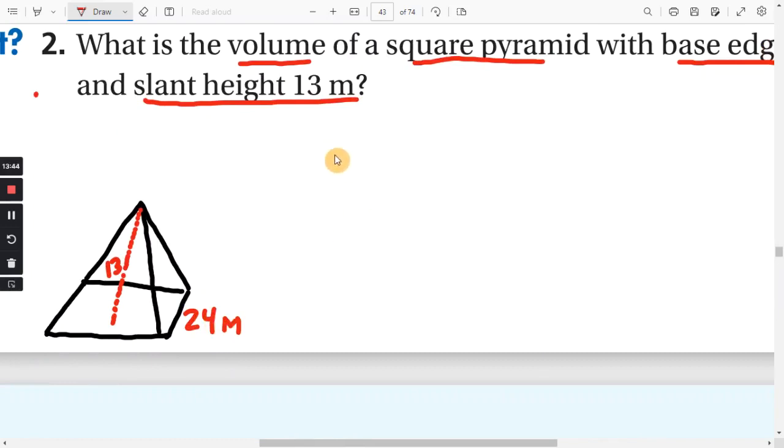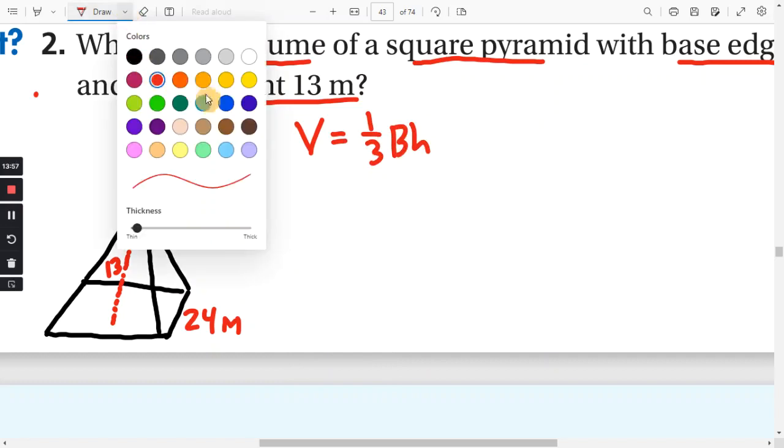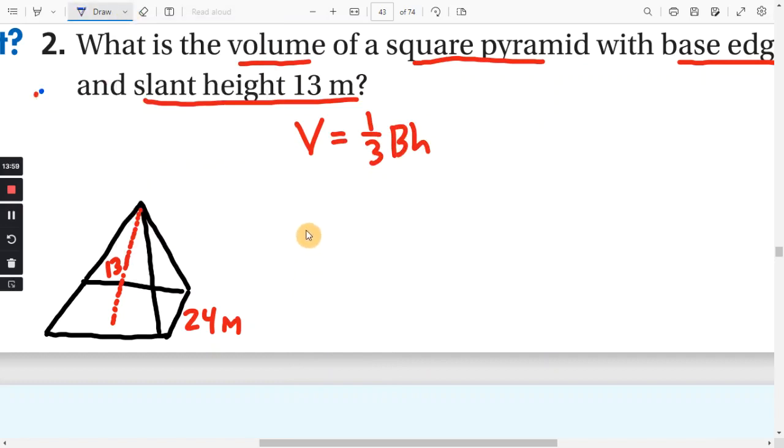Okay, so you have to use the Pythagorean theorem and then do the volume of the pyramid, 1/3 capital B times h. If I could, I'll draw you the triangle real quick. If I were to draw the triangle here, it would be like this and this. Okay, the slant height is 13.